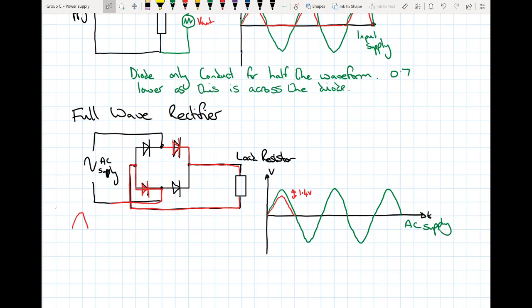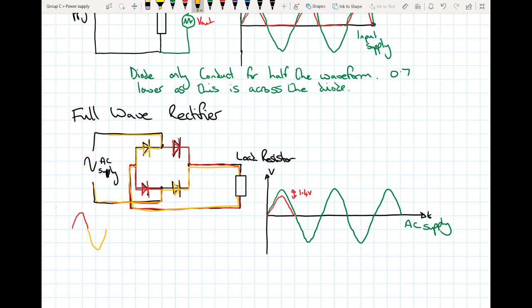Now if we take when the waveform is going negative, if this point here is going negative, then this point here must be going positive, positive with respect to this point. So therefore current, for a negative cycle, will flow through this diode and round, and back round there like so.